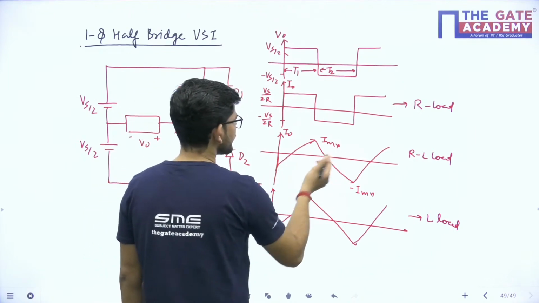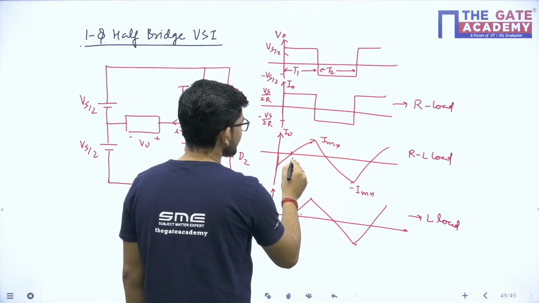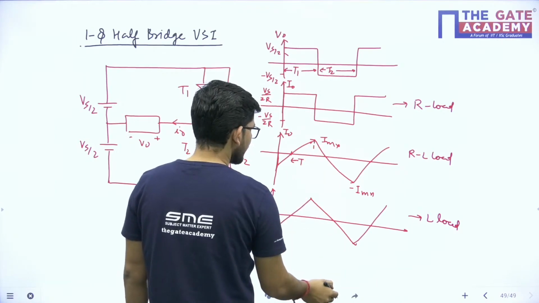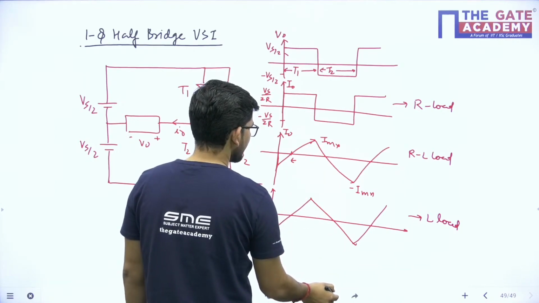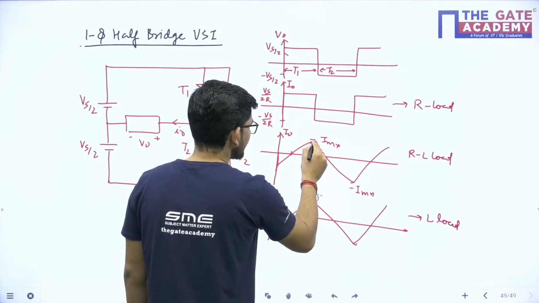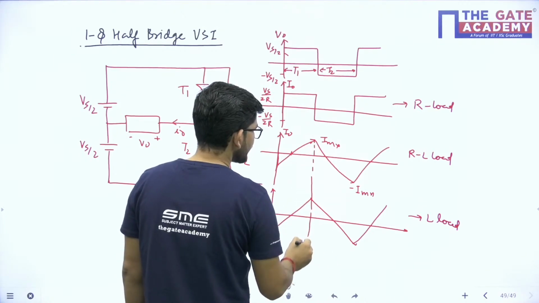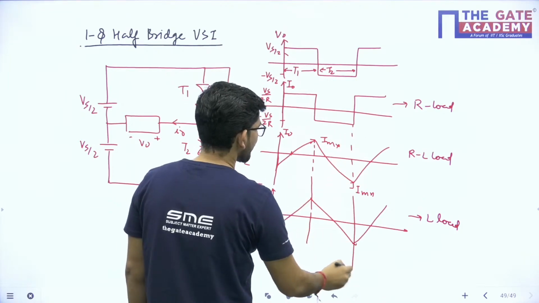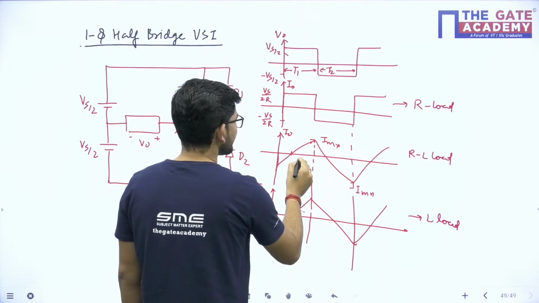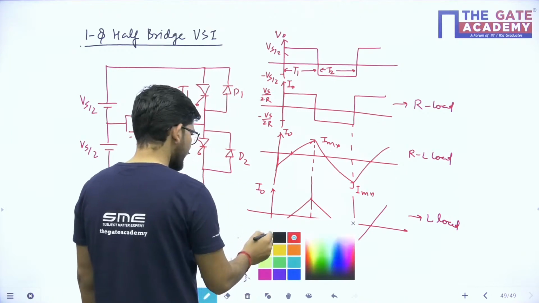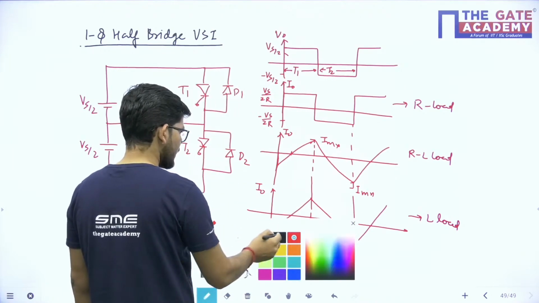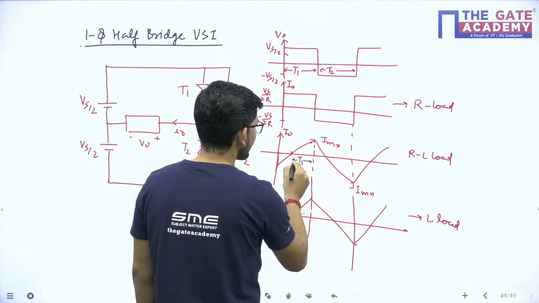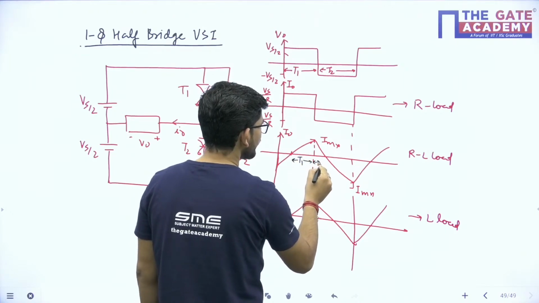So in case of RL load, you can see this is the duration when... let me mark these durations. So you can see this is the duration when T1 will be conducting and this is when D2 will be conducting.